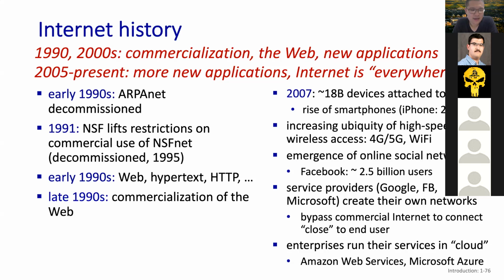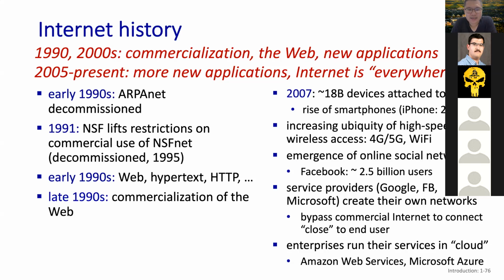And in the early 1990s came the web, hypertext, and HTTP, just as mentioned in that introduction video, the www. So the web was invented in the early 1990s. In the late 1990s, the commercialization of the web became broader and broader.